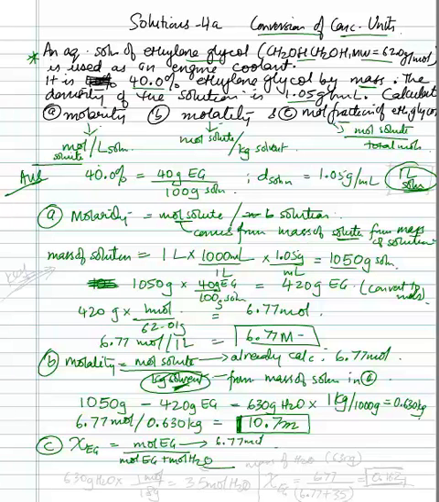We need to calculate the moles of water, and the moles of water will come from mass of water, and the mass of water is 630 grams. So convert 630 grams of water to moles, which is in 1 mole we have 18 grams of water, so that is equal to 35 moles of water.